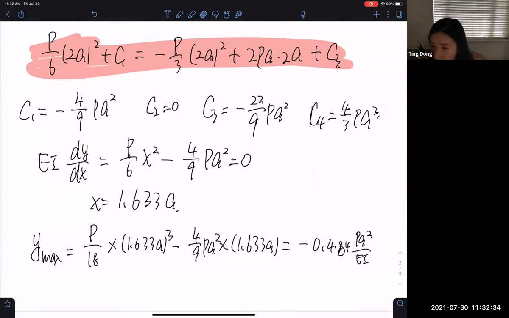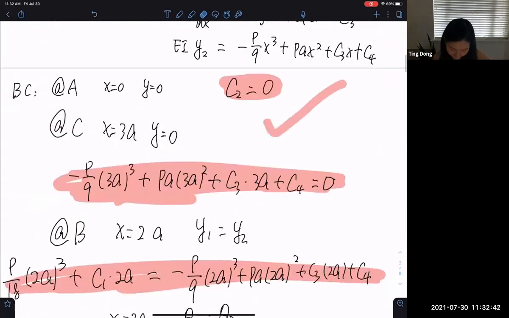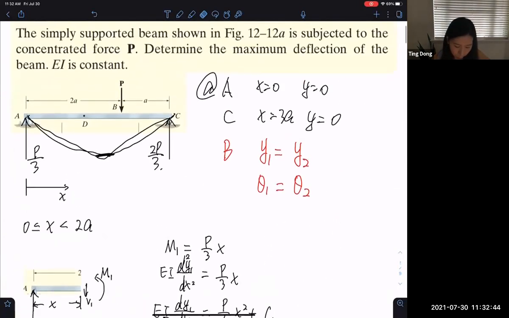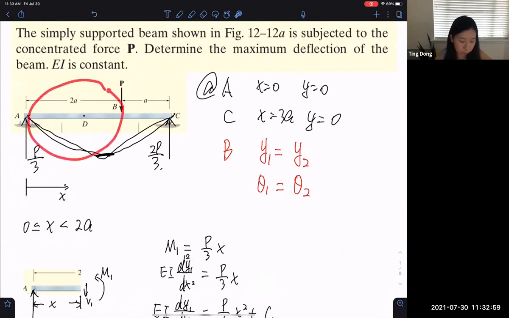No, you cannot set the other equation equal to 0 because we already know that the maximum deflection point is somewhere between the point D and point B. So we know that we can only use this one, the equation we derived from the left part.